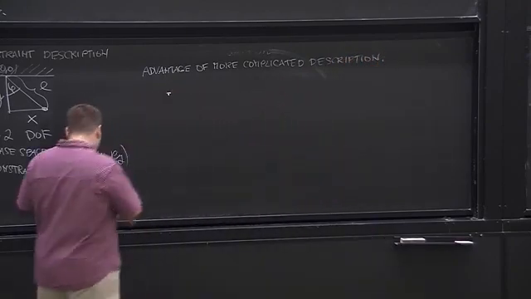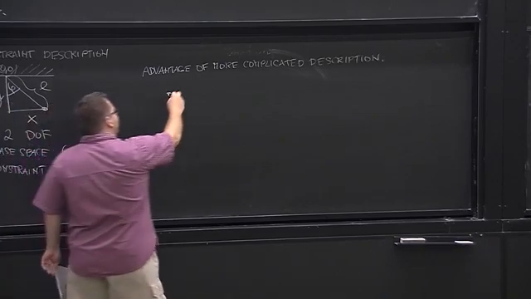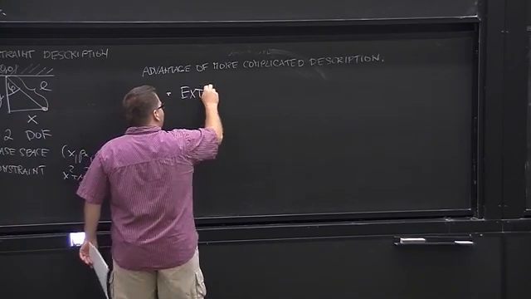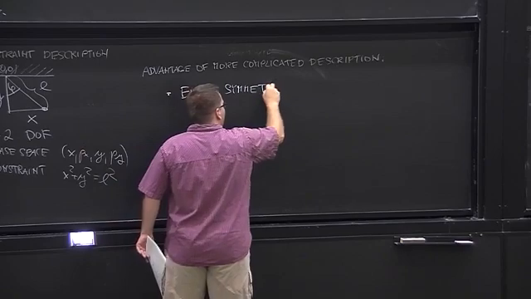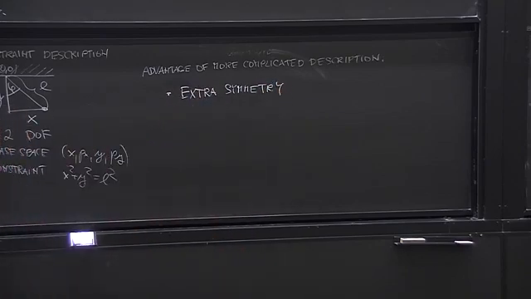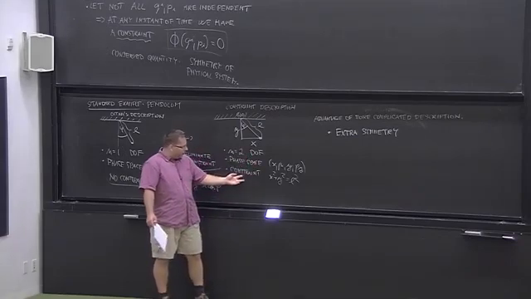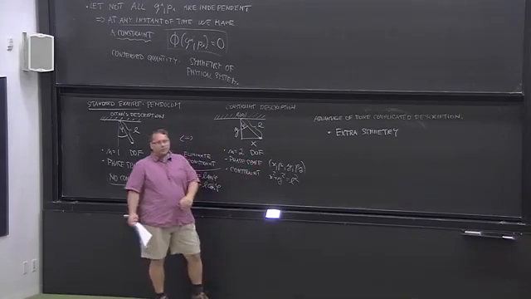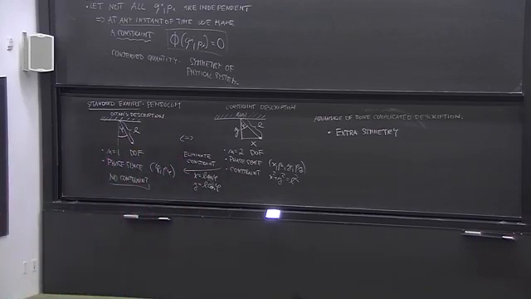The first one is I have an extra symmetry now. It may not be obvious, but I have this constraint, this conserved quantity. So I have a complicated system with 2 degrees of freedom, but I have a symmetry, a conserved quantity, meaning I have the corresponding flow, which is the symmetry of the system.